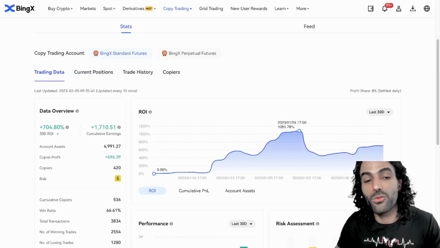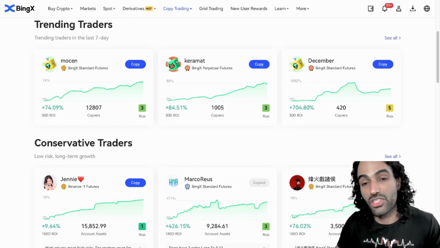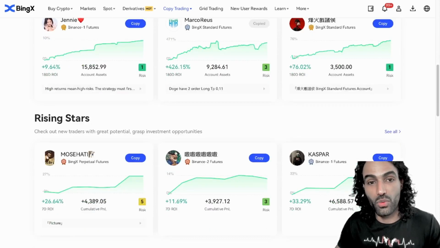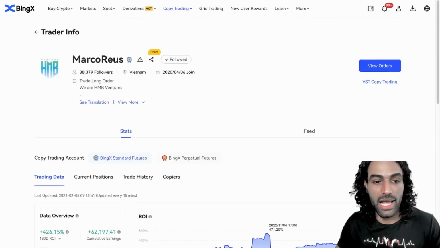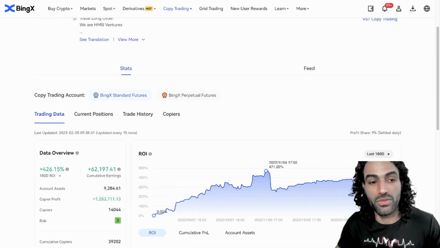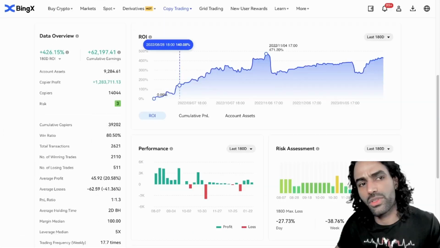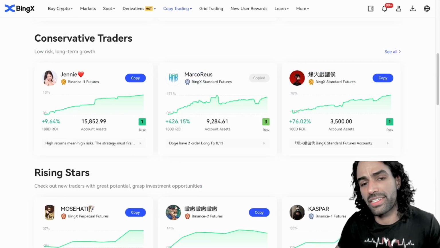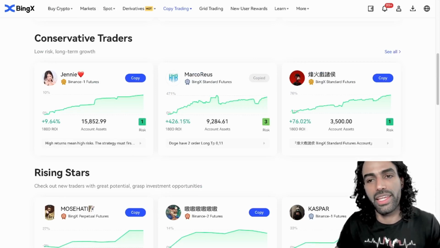So it means he lost a lot of money, and it's not good if you want to copy trade this trader. This one is better because he has almost 62,000 cumulative earning. At the same time, the risk is just 3, not 5. So these are the 3 most important things to know before you copy any trader.